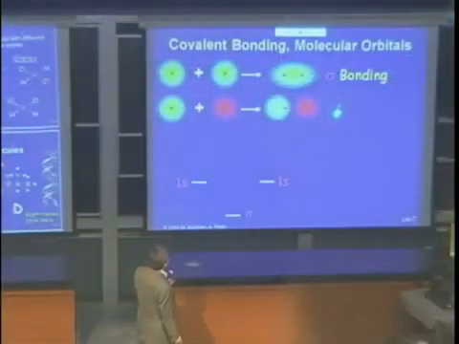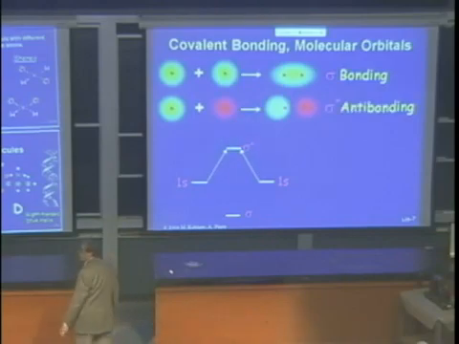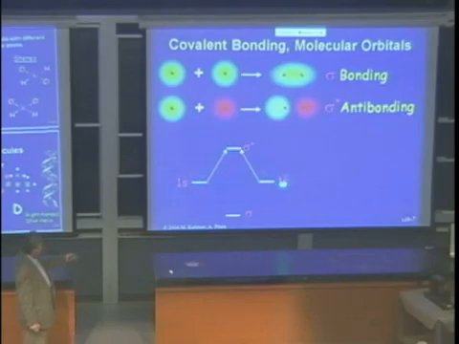So this is now an anti-bonding orbital. It's also a sigma. This is how that looks, in a higher energy state compared to the initial state. These are the atomic orbitals, here and here, and this is the molecular bonding orbital and the molecular anti-bonding orbital. You see we have a star here.